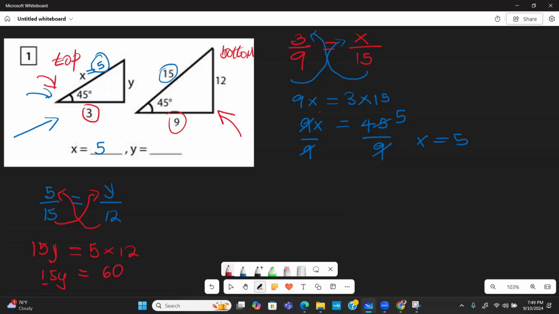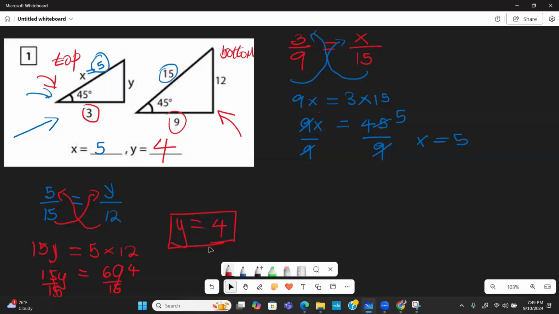So if I divide both sides by 15, then I could say Y is equal to 15 into 60, which is 4. So Y is equal to 4. So here it is that I have found those values.